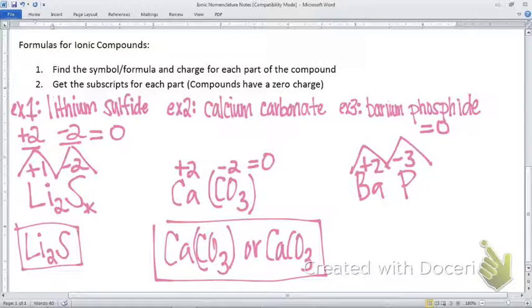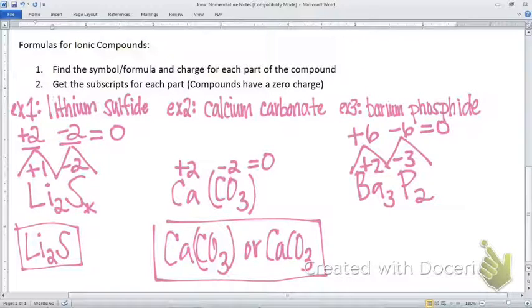So we need a +6 above the house for barium. That means that we're going to need 3 bariums to multiply by the charge of +2 to give us an overall charge of +6. For phosphorus, we're going to need 2 to multiply by -3 to give us a -6. The +6 and -6 will cancel out to give us 0.